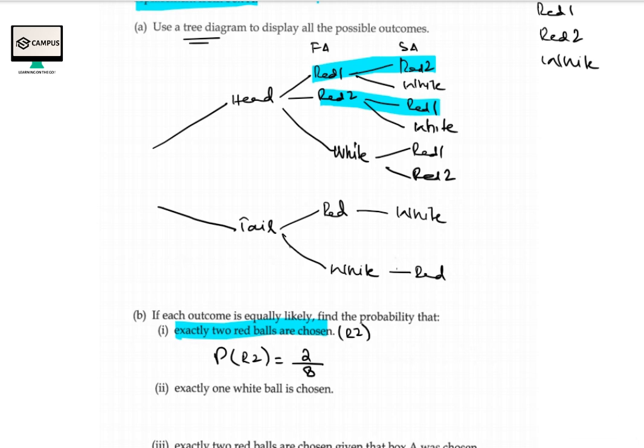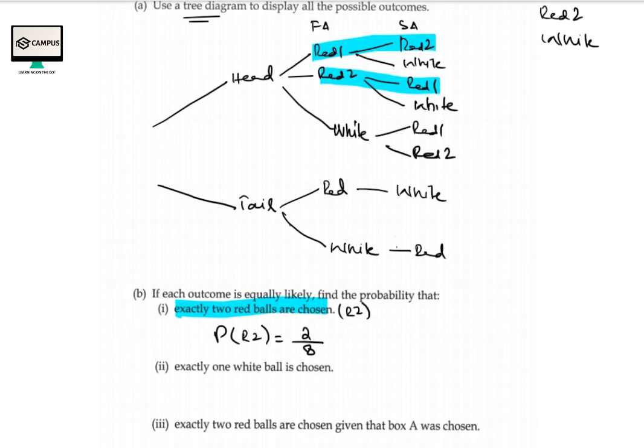For the second part, we have to find the probability that exactly one white ball is chosen. So again, let's go to the tree diagram we drew above. We have to look at the branches and see where exactly one white ball is chosen. So this is one, this is another branch where one white ball is there.